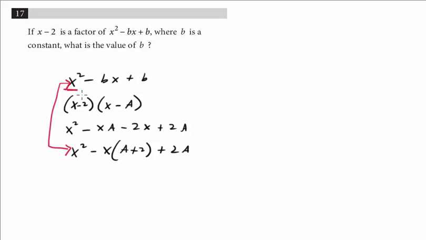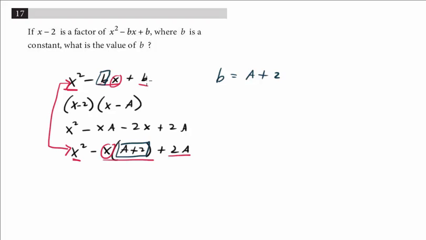So obviously the x squared are equivalent, the second degree terms, and we know that these terms are equivalent and these terms are equivalent. We have a common x here. Here's an x and here's an x. We have a minus and a minus. So then we're left with this b must equal a plus 2.